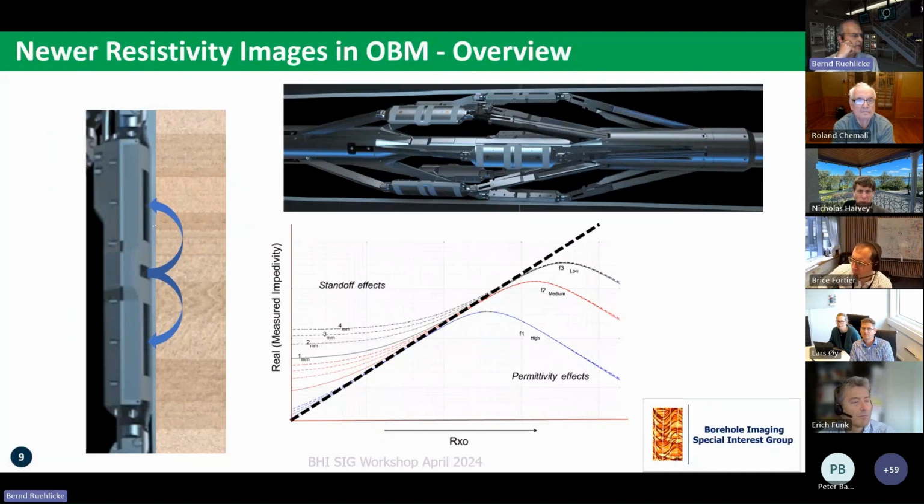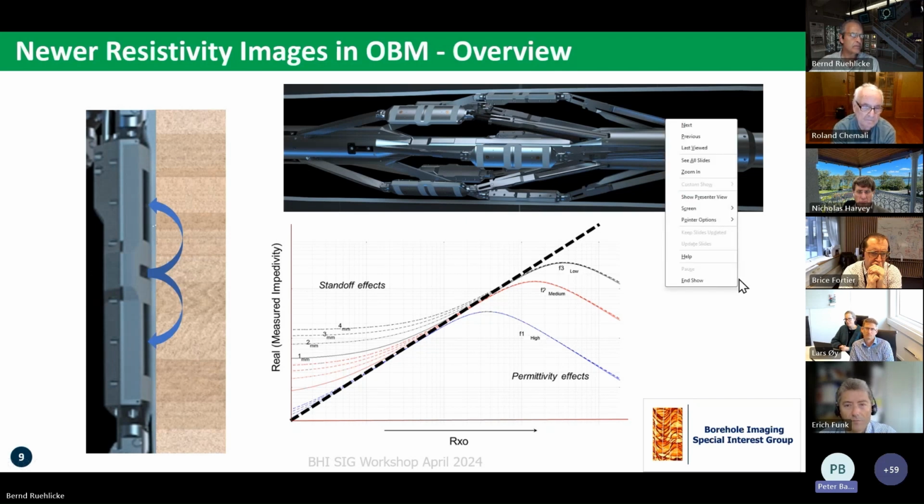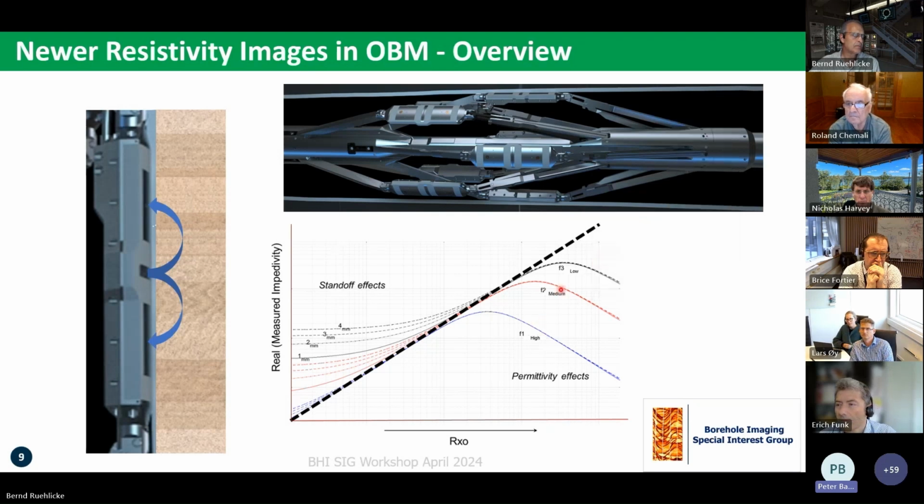So Peter, I think you can take over this one. Okay, yes. This is just an example of one of the new oil-based mud imaging tools that are out there from the various service companies. These run at various different frequencies. They have a lower frequency, sometimes a middle frequency and a higher frequency, sometimes two, sometimes three frequencies.